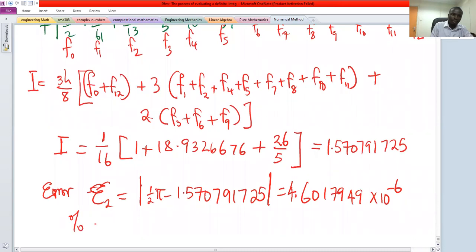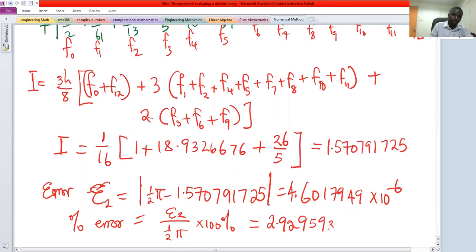And if you calculate the percentage error using the usual procedure, error over true value times 100%, you get 2.929593622 times 10 raised to the power minus 4%.